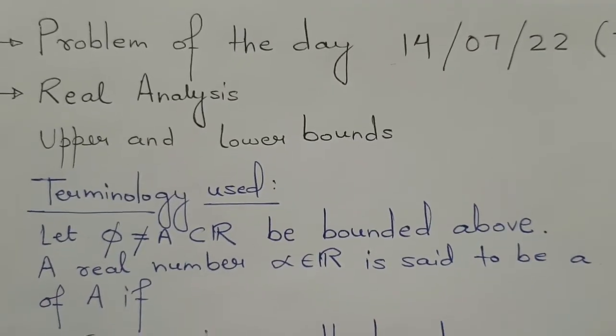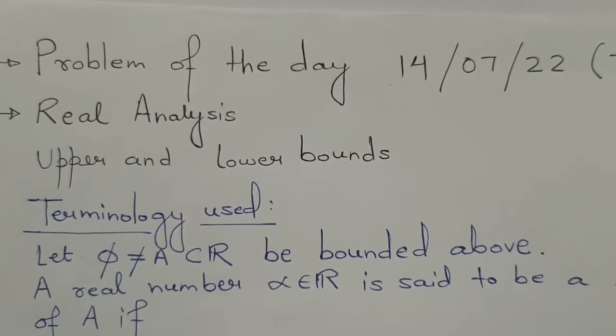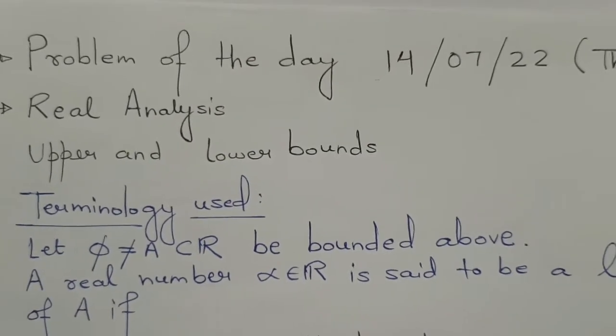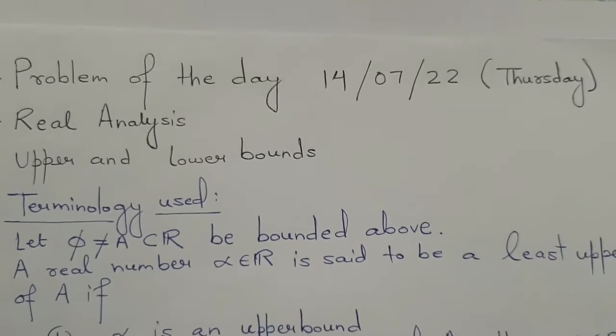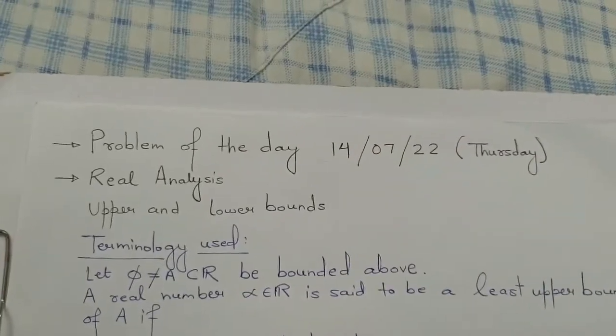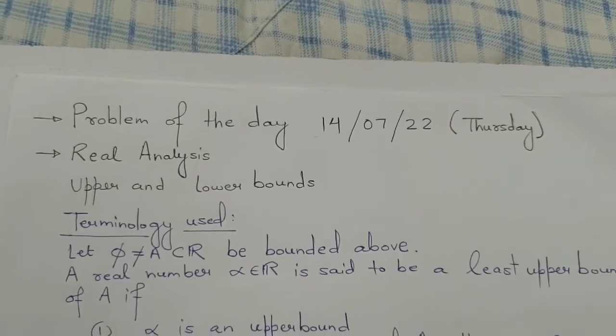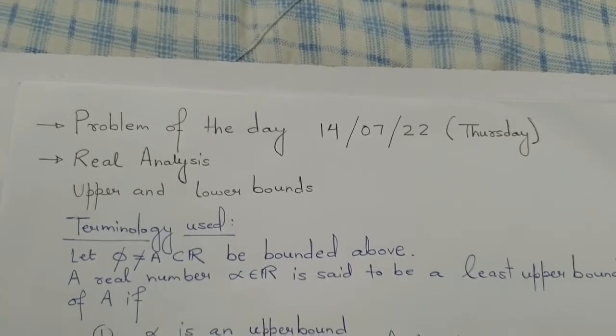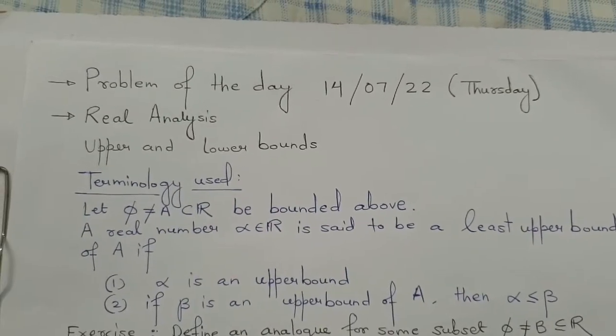Now, in our case, we are given that this set is bounded above. A real number alpha is said to be a least upper bound of A if the following two conditions hold.